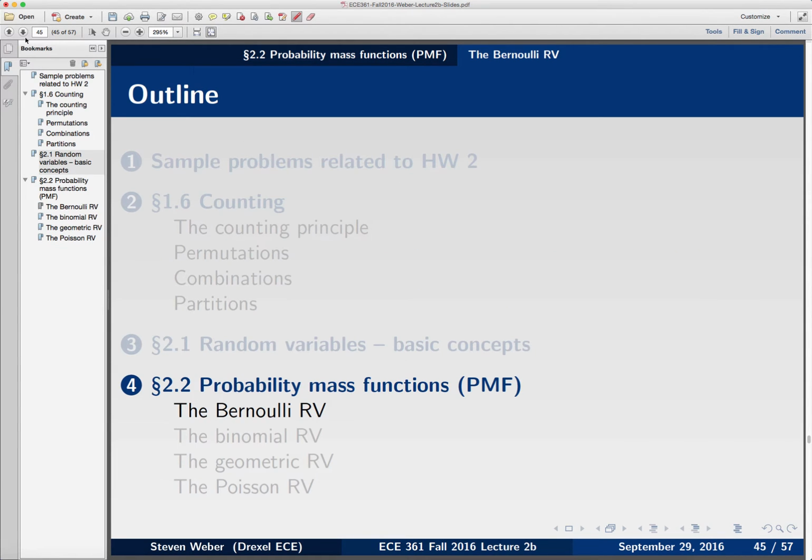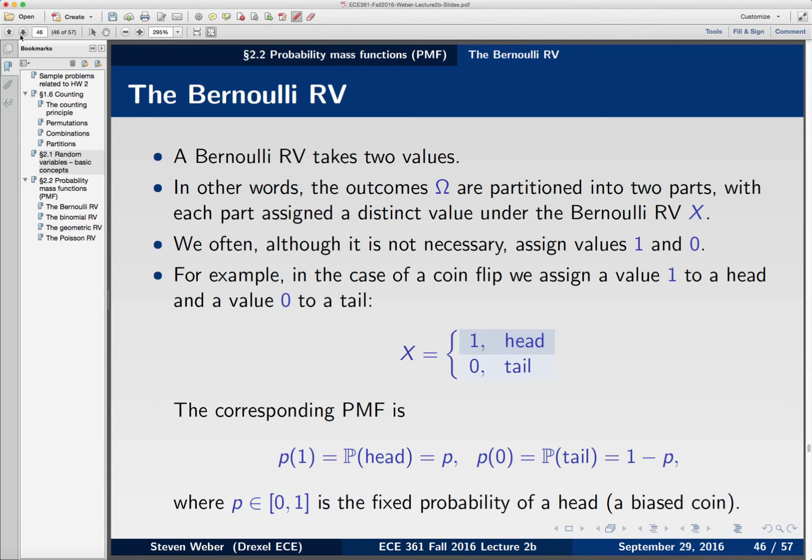Let's now discuss the simplest discrete random variable, the Bernoulli random variable. The Bernoulli random variable takes only two values. In other words, the outcomes, omega, are partitioned into two parts, each part assigned a distinct value under the Bernoulli random variable x. We will often, although it's not essential, call these two values 1 and 0.